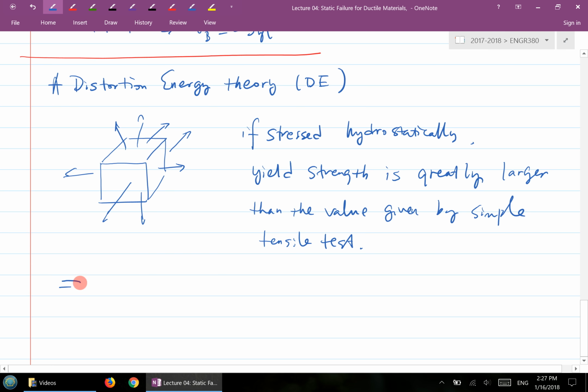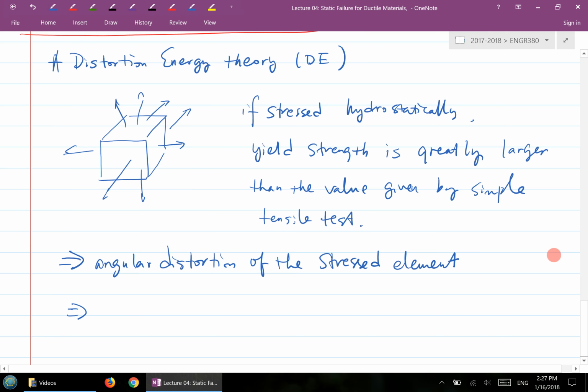This leads to the concept of distortion strain energy.